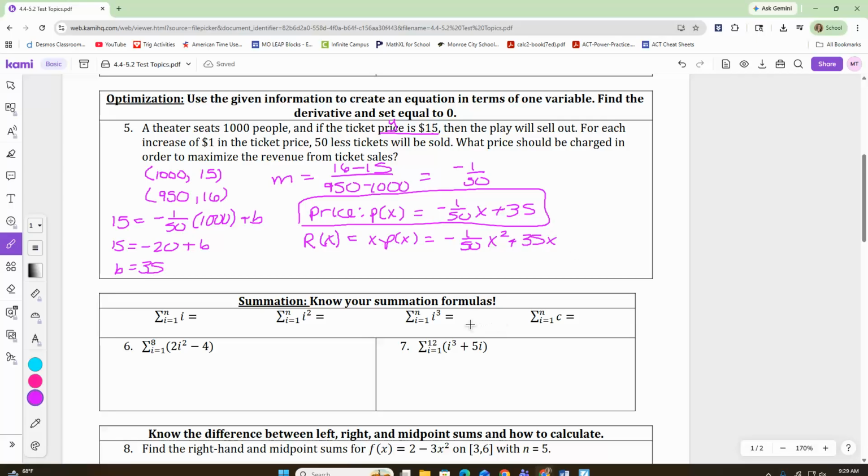And anytime I ask for a maximum or minimum, what are we doing? We take the derivative: negative 1 over 25x plus 35. We always set that equal to 0. And if I do that, I get x to be 875.